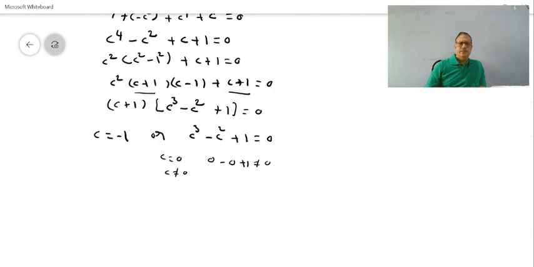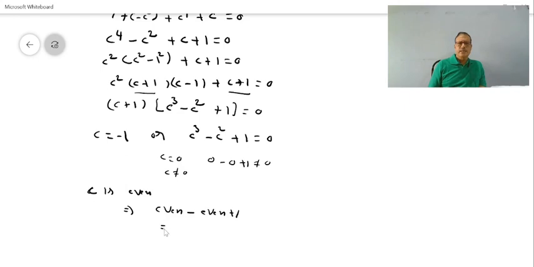Suppose c is an even integer. If c is even, c cube is what? That is also even. c square, that is also even, plus 1.